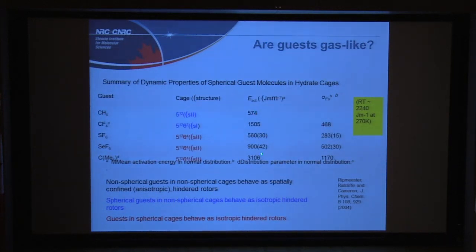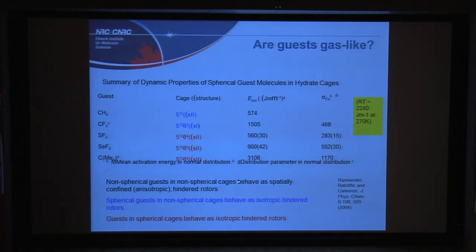You can see that for all of them, in fact, there are barriers to rotation, even though they're quite low. At room temperature, RT is equal to this, and you can see that the barrier to rotation is less than the energy at room temperature. So you might almost start to think of methane as a gas phase rotor in the hydrate cage, but it still has a low energy barrier, as do all these other symmetrical molecules.